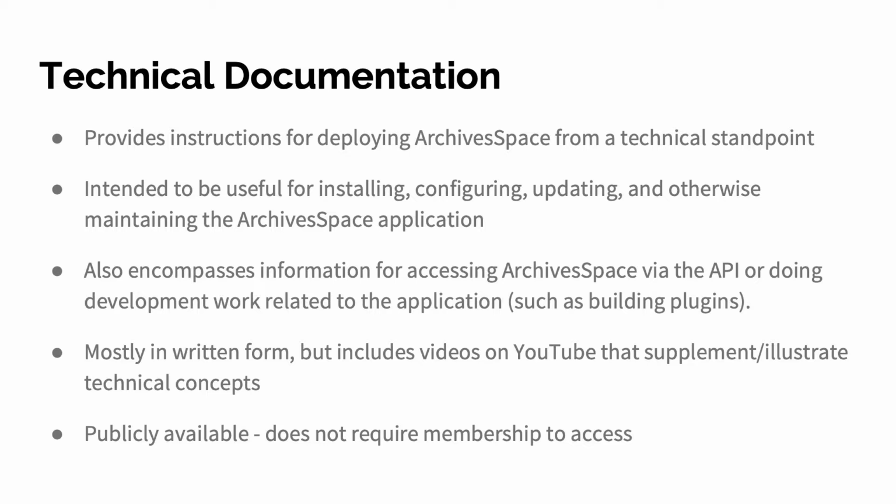It also encompasses some information for accessing ArchivesSpace via the API or doing development work related to the application, like building plugins. Most of the technical documentation is in written form on the web, but there are also videos on YouTube that supplement or illustrate some of the technical concepts.